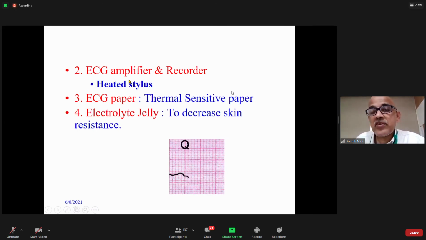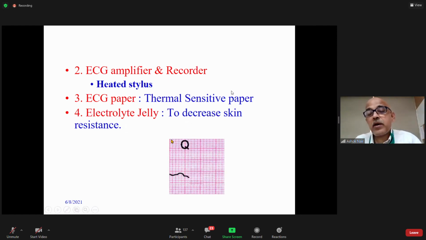Then you have an ECG amplifier and recorder, then you have a chart paper, which is a thermal sensitive paper. In this amplifier and recorder, there is a nib, a kind of stylus, which gets heated.